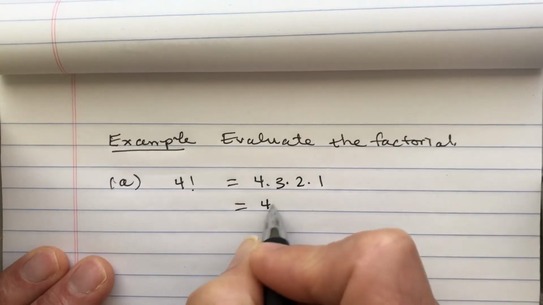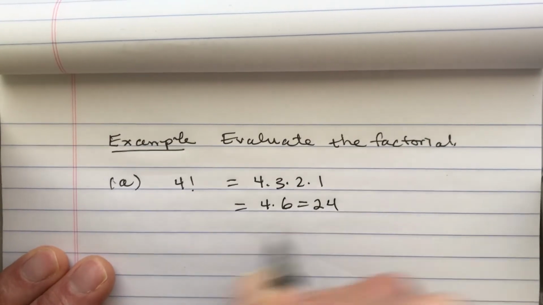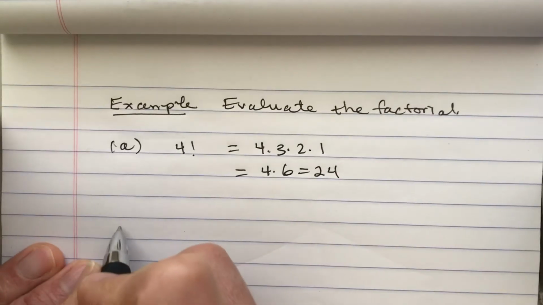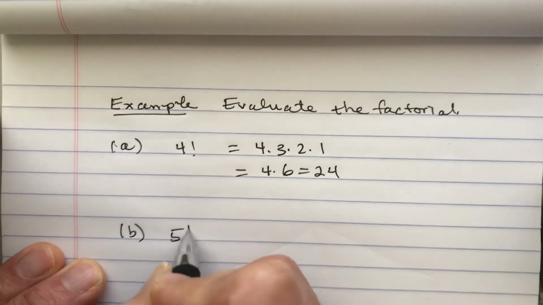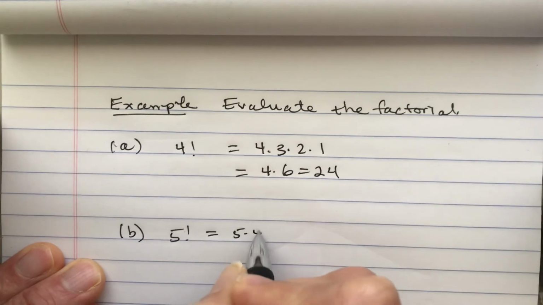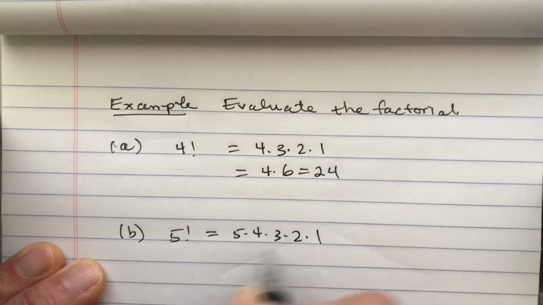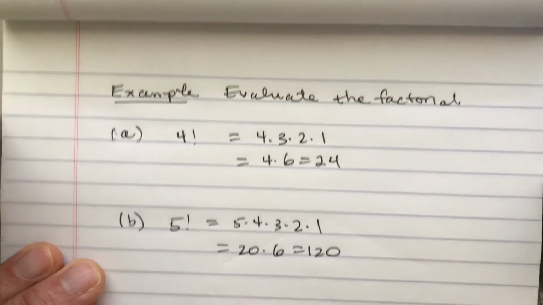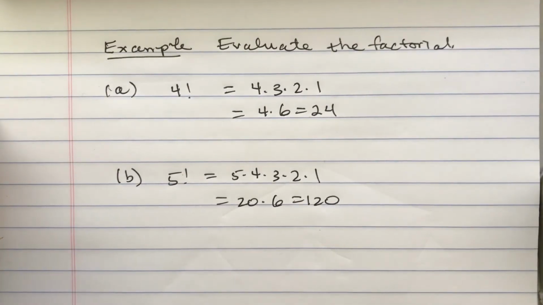So, I mean, it's pretty clear that that's going to start to get sort of difficult. If we put, say, 5 factorial, then this starts becoming sort of a large number. So it turns out that it becomes really big. Like if you looked at 100 factorial, it would be just some really large number.